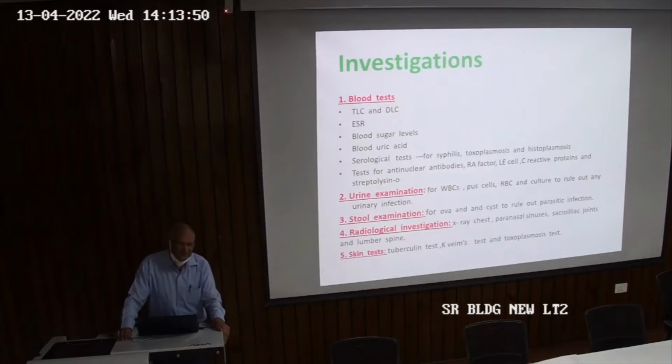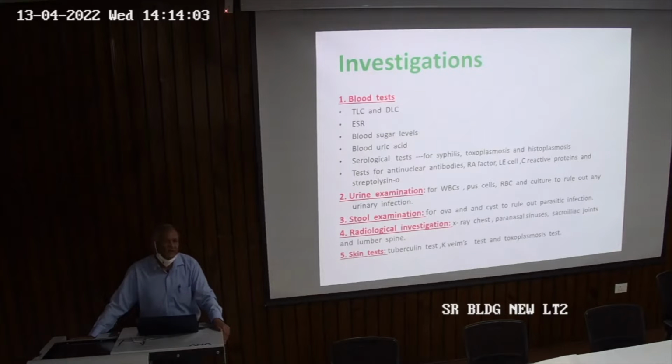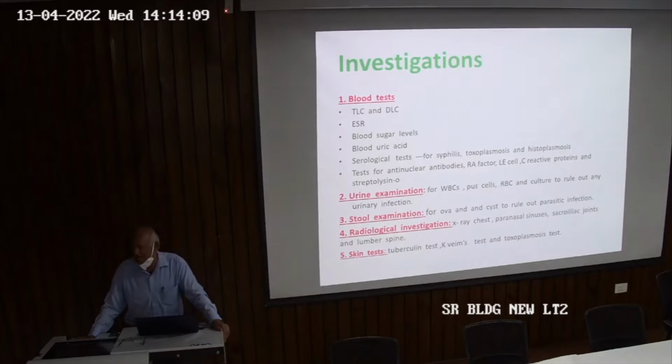Generally, there are two types of this iridocyclitis that we explained the last time also. One is the granulomatous, another is the non-granulomatous. Granulomatous is usually infective, like tuberculosis, syphilis, and others.